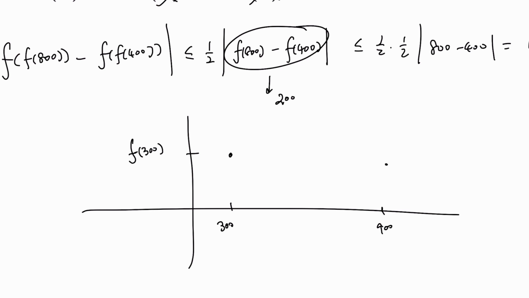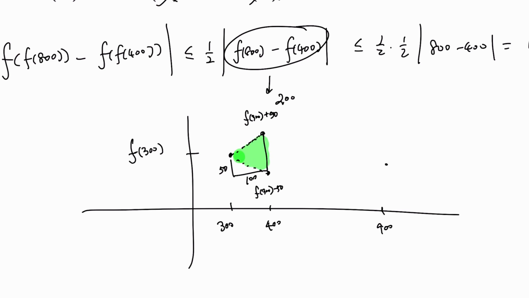So at 400, the value is going to be between the line with slope positive 1/2 and the line with slope negative 1/2. That is f of 300 plus, since x is 100, the y is 50, so f of 300 plus 50 or f of 300 minus 50. This is the range of possibilities we're dealing with.